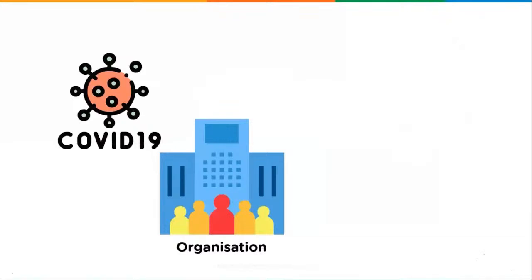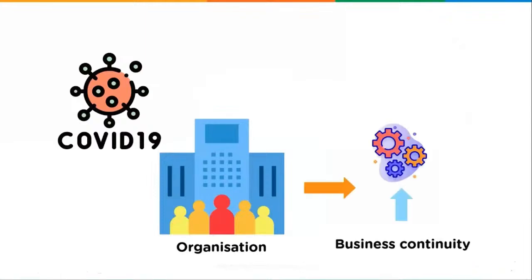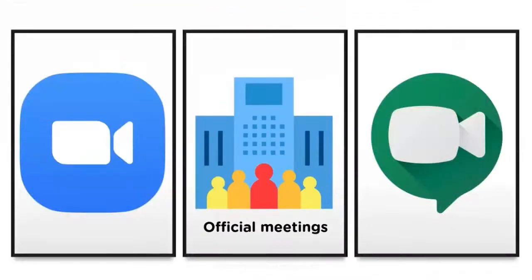The COVID-19 pandemic led organizations to increasingly shift to the cloud, which helped them improve business continuity. Official meetings, like video conferencing, were done with the help of Zoom, Google Meet, and all. This you must already know. These things are very easy.